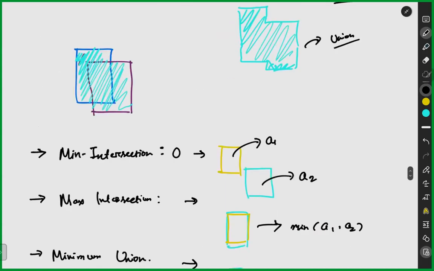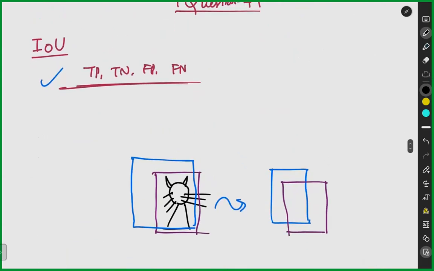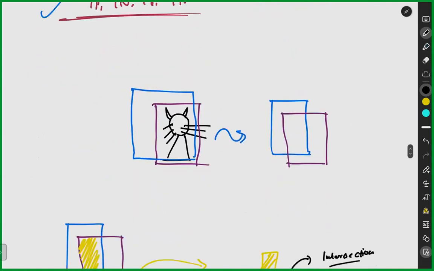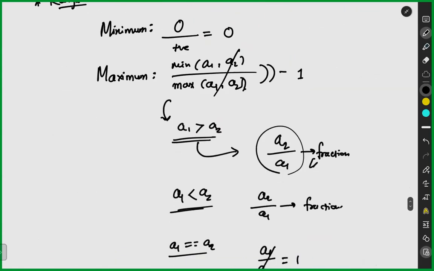The formula is this one, intersection over union. But it can be represented as true positive, true negative, false positive, or false negative.